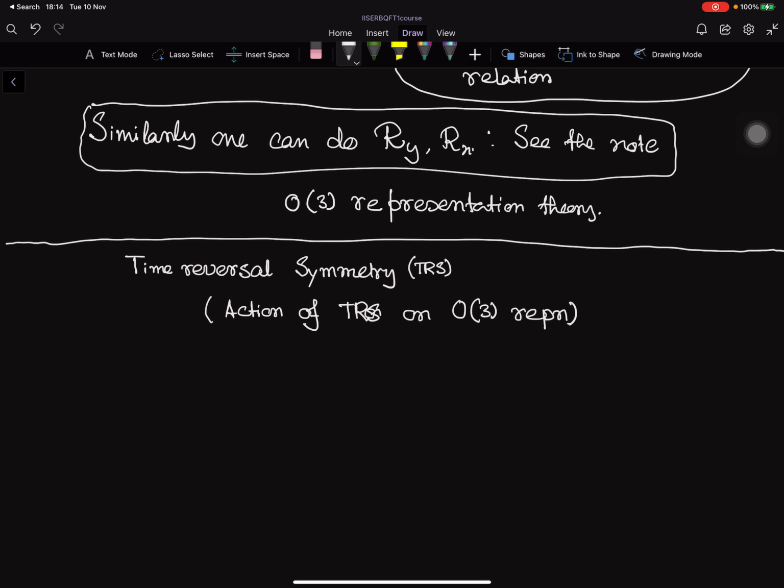In order to do that, let's first take the angular momentum generators Jx, Jy, Jz. Under time reversal symmetry, all of them go to minus.